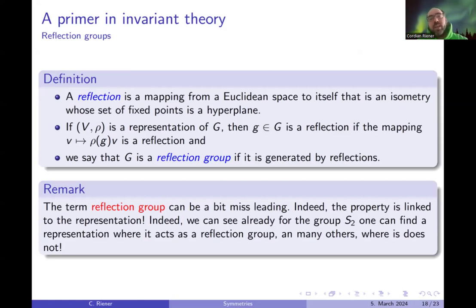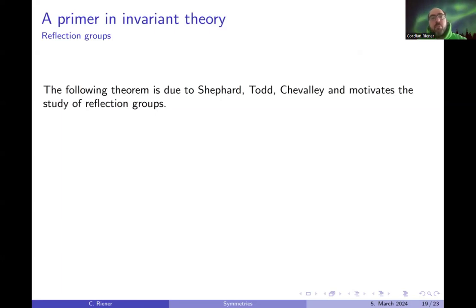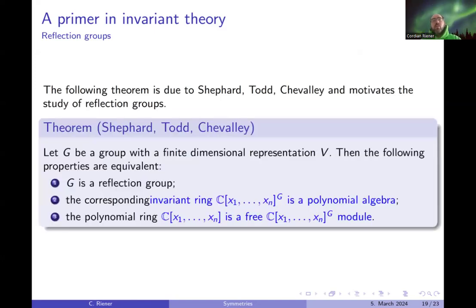Okay, so there are a lot of such reflection groups. Actually, they can be really nicely characterized with combinatorics. But the important thing is there is a very nice theorem by Shephard, Todd, and Chevalley that shows the following. Whenever I have a group with a finite dimensional representation, then the following are equivalent. The group is a reflection group. Its invariant ring is a polynomial ring, and the polynomial ring is a free module over the invariant ring.